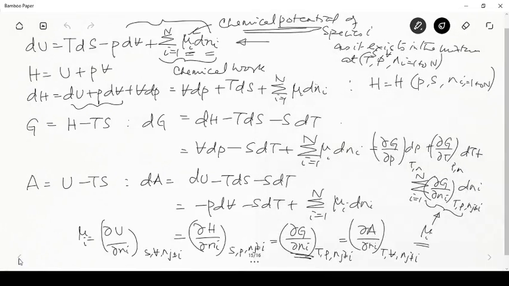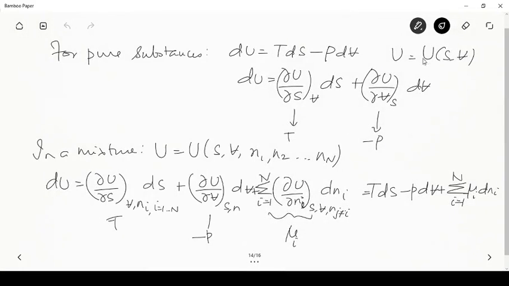We had said that the internal energy of a pure substance is a function only of S and V, and T is written as del U by del S at constant V, and P is written as minus del U by del V at constant S. But in the case of a mixture, we will have also N1, N2, N3 up to Nn, and therefore dU, if I mathematically differentiate it, will be del U by del S at constant V and N into dS, plus del U by del V at constant S and N into dV, plus for each species, del U by del N1 dN1 with S and V as well as all other N's, N2 to Nn, kept constant, plus del U by del N2 dN2 with N1, N3, etc. up to Nn kept constant along with S and V, and so on.